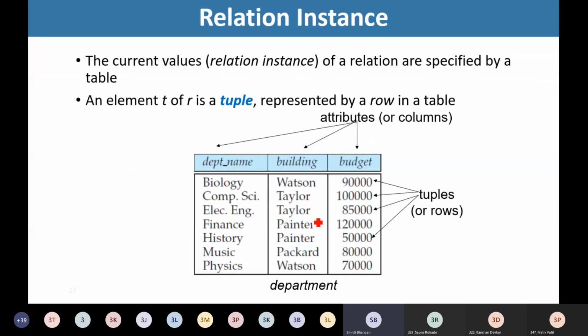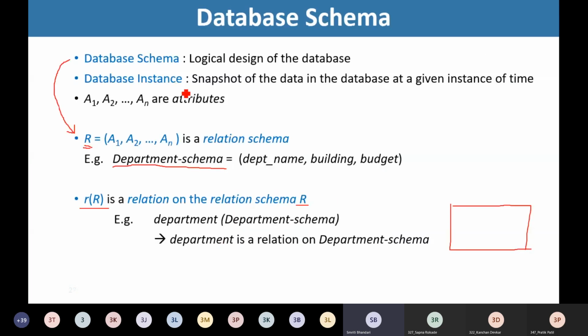And we have a relation instance. We have seen what a database instance is: a snapshot of the data in the entire database at a given instance of time.